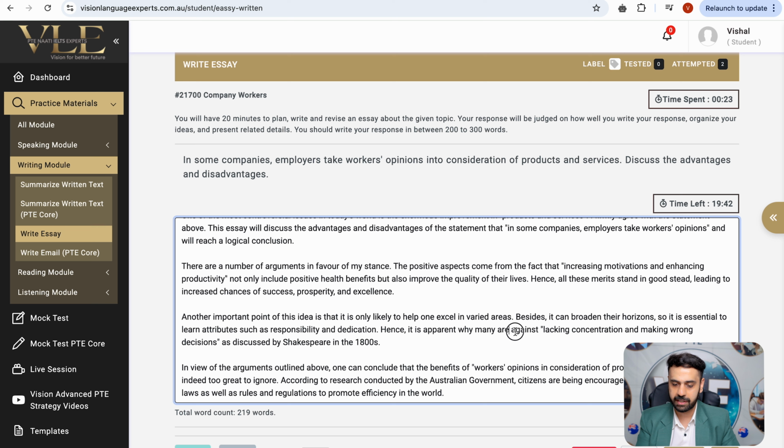So here I'm going to put against and I'm going to put negative points. Negative points are like it will obviously lack concentration. They will not be able to focus too much on their core tasks. And similarly, making wrong decisions, because obviously they will not have that much expertise. So I have put down over here the negative points.